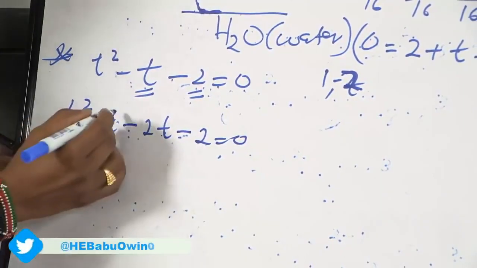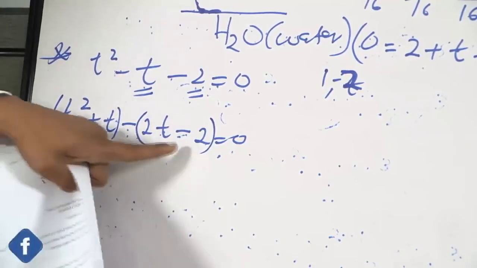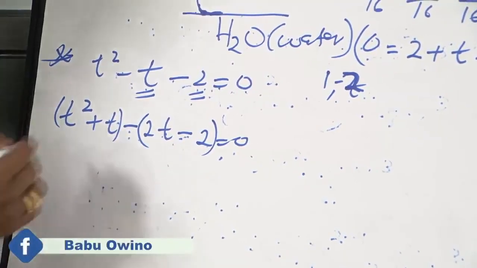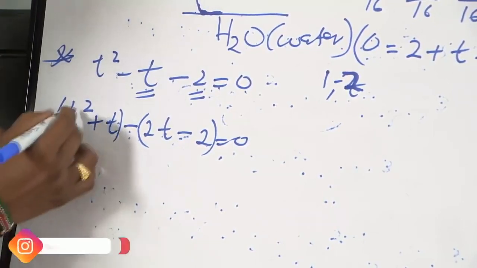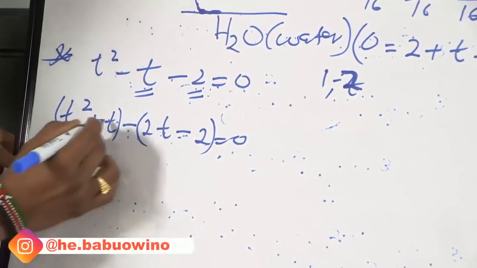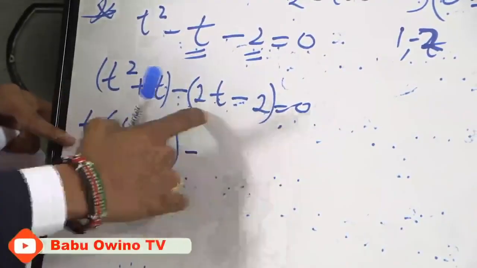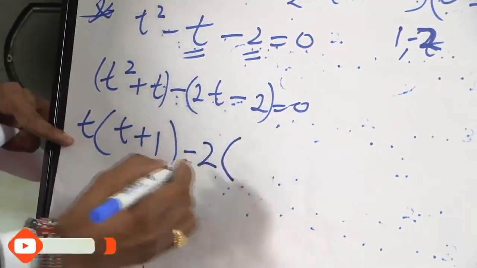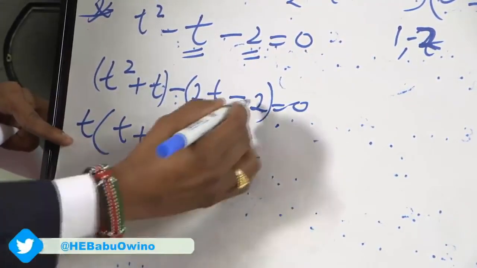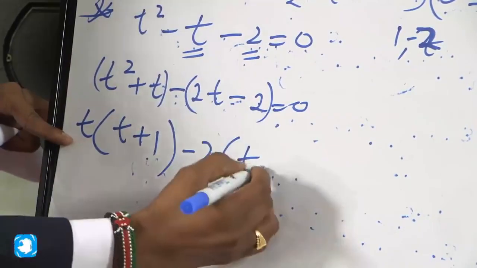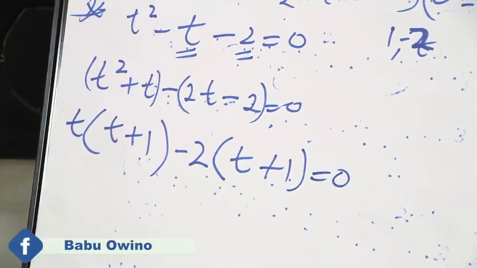Then we have the first part of the equation and the second part of the equation. We factor t out because t is common in the first part. Therefore, t into t squared, you get t; t into t, you get plus 1. Minus, the common factor here is 2; 2 into 2t is t, then 2 into minus 2 is minus 1.